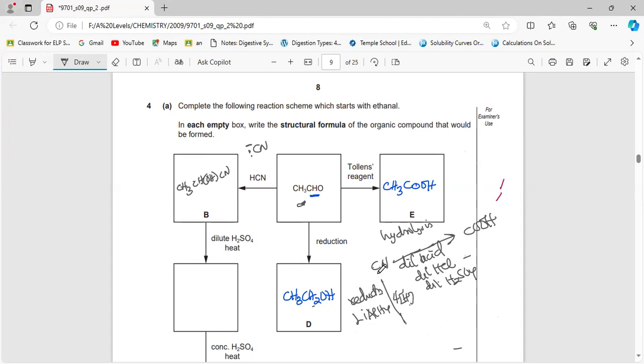So when nitrile is being reduced, you'll be having CH2NH2, and you're having amine at the end of the day. So take note, cyanides, when they are being reduced, give you amine. In this case, we're having dilute H2SO4, so the reagent is H2SO4, condition is dilute plus heat, to give you your full answer whenever you have a condition.